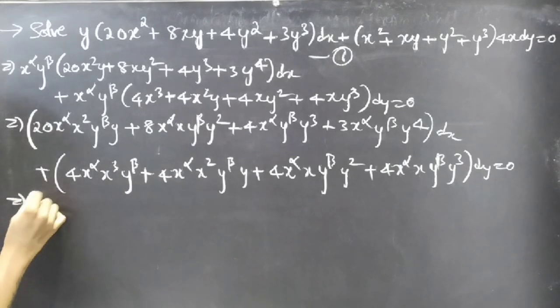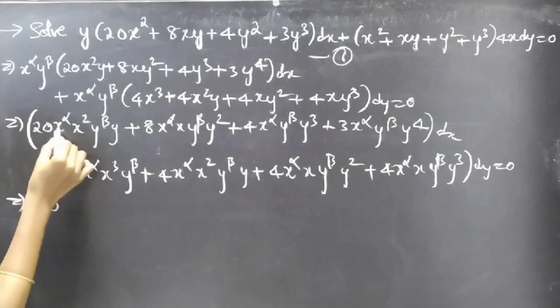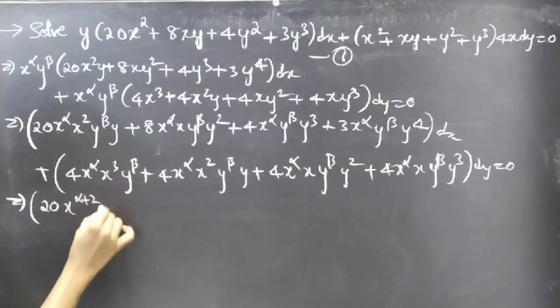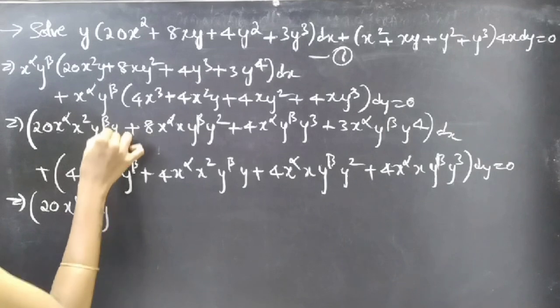This gives us 20. Here the bases are equal, so we can add the powers. You'll get x^(α+2), y here also just add the powers.